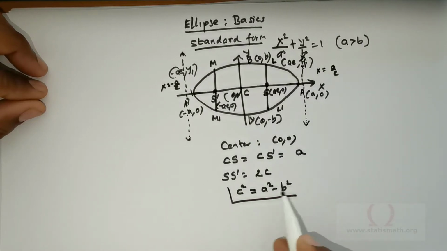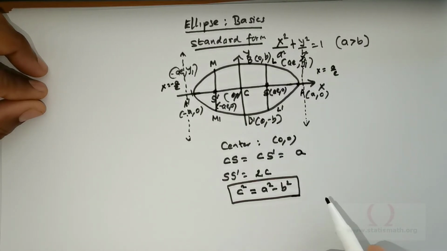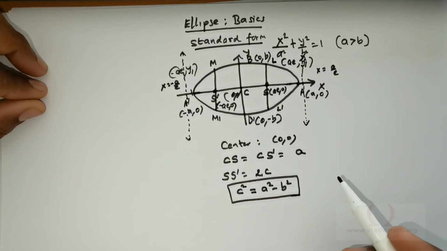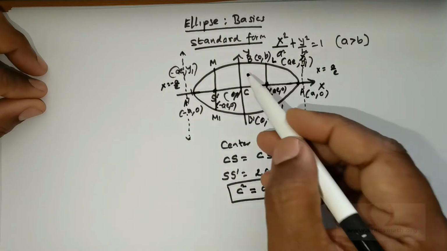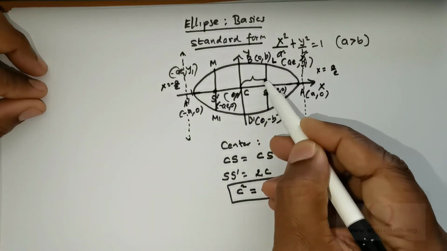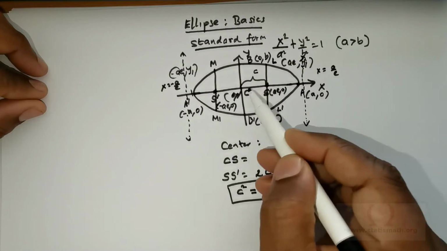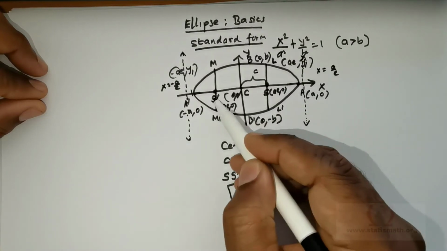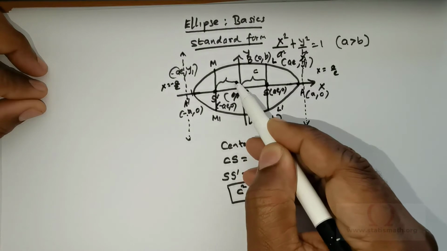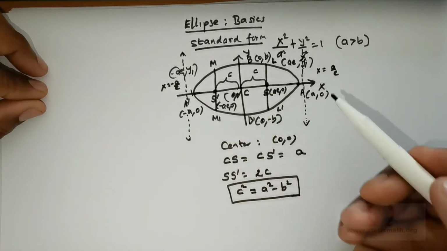So this is the relationship of c, a and b. Let me write that down here. So the distance between the center and S is c, and the distance between C and S dash will also be c.